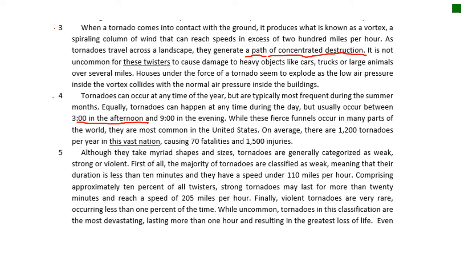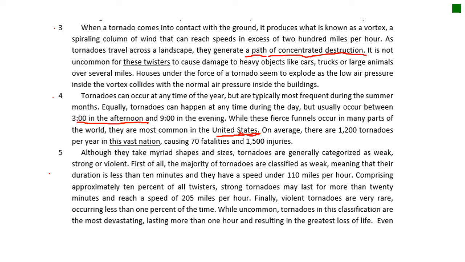In many parts of the world, they are most common in the United States. Okay, on average, there are 1,200 tornadoes per year in this vast nation, which is the US. Vast means large, very vast lands, causing 70 fatalities and 1,500 injuries. Fatalities, of course, are deaths.